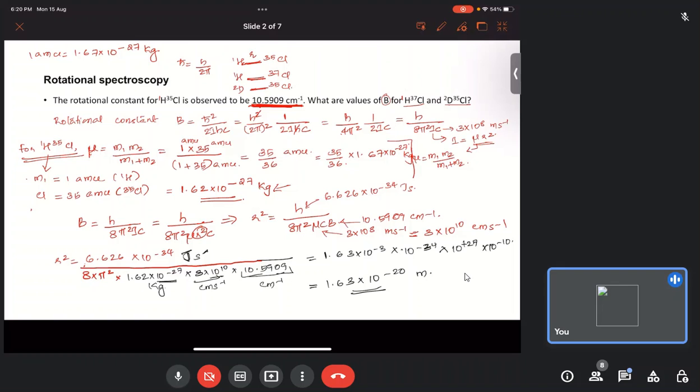Now we have to find what is R. For that we can take the square root of 1.63 into 10 to the power minus 20. So this will be root of 1.63 into 10 to the power minus 10 meter.